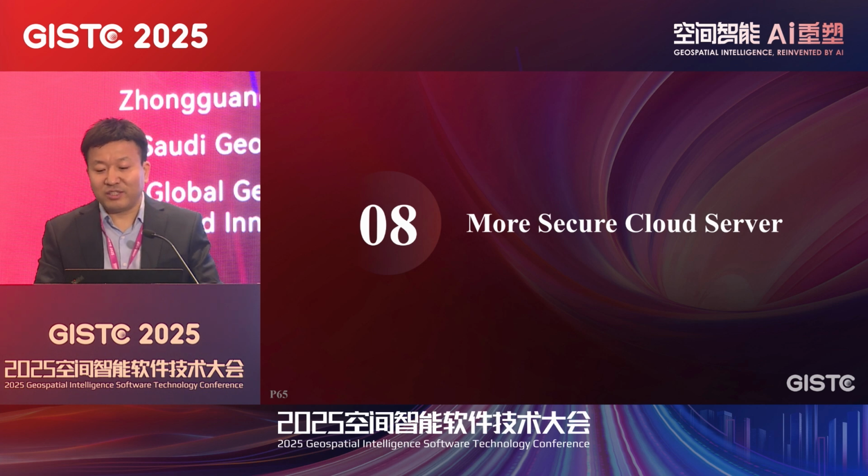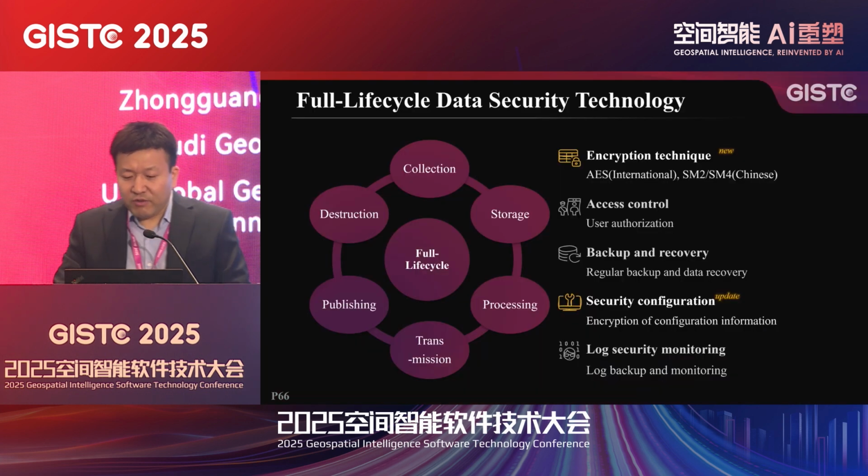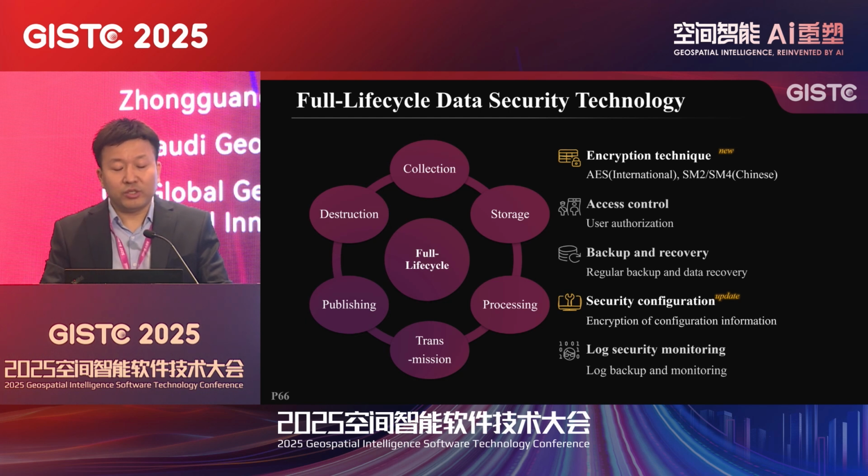Okay, now let's dive into section 8. Let's focus on GIS data security. We have introduced the international encryption technology AES and also the Chinese ones, SM2 and SM4, to ensure the security of the full life cycle of data.